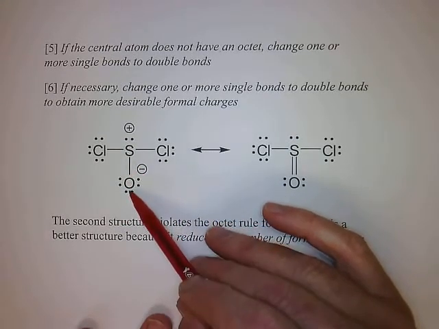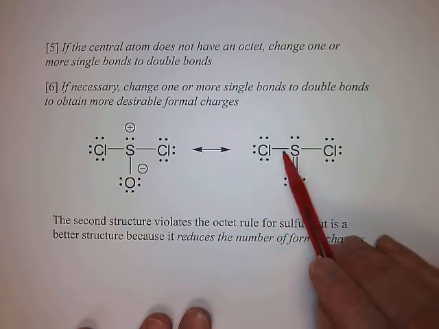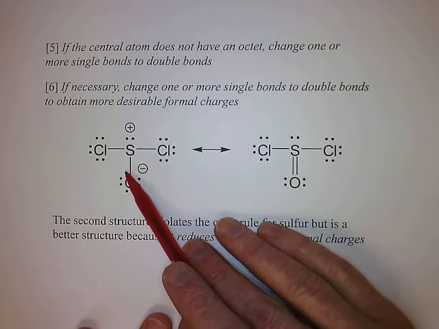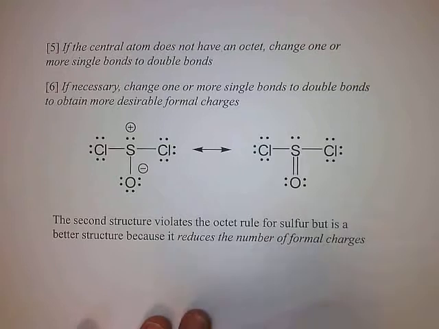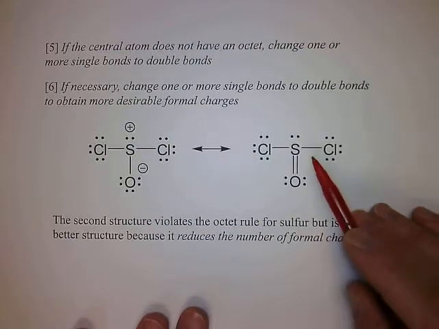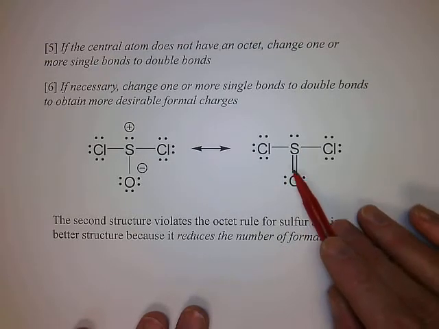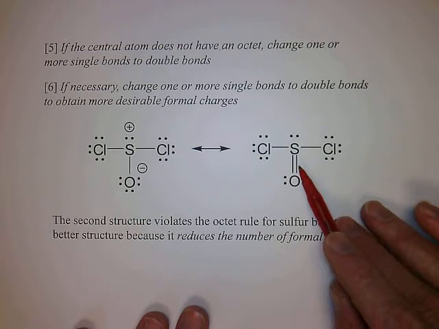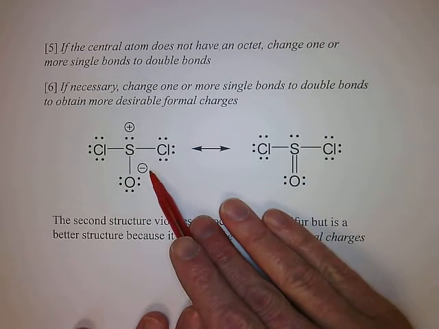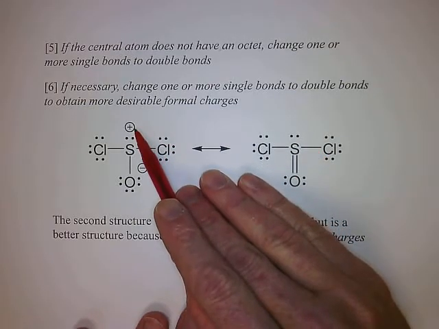All we're doing is taking an unshared pair and moving it here, and it becomes a bonding pair. So we're basically sharing more electrons, and that gives this structure. Well, let's look at this. 1, 2, 3, 4, 5, 6, and 6 minus 6 is 0, so we got rid of this formal charge, and in fact we got rid of this formal charge as well.